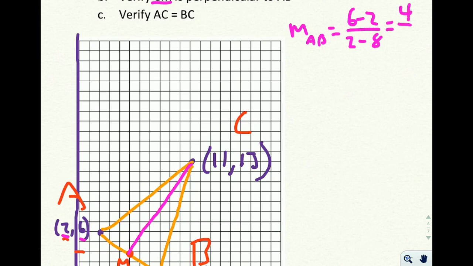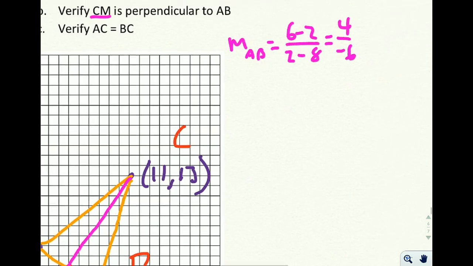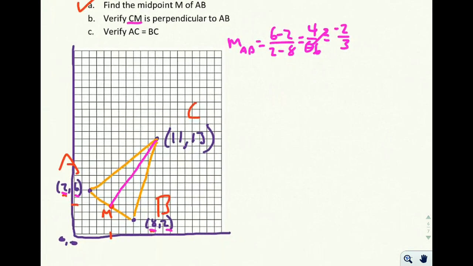I have 4 over negative 6. Reduce that to negative 2/3. Notice how I move the negative up to the top. It helps clean up the problem a little bit, and that's something that's totally legal to do. Now, common sense check, negative 2/3 is a gradual downward slope, and this is a gradual downward slope, so that's right.